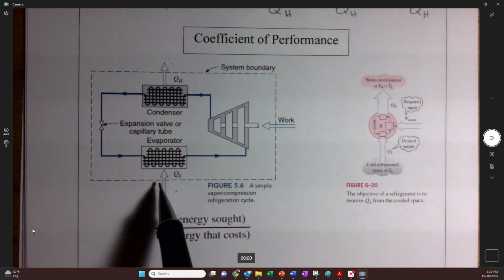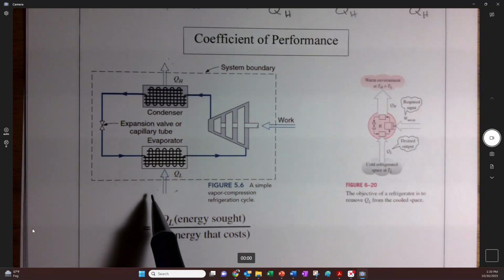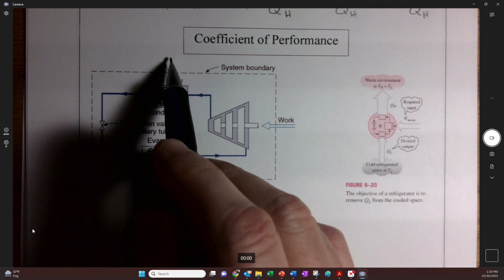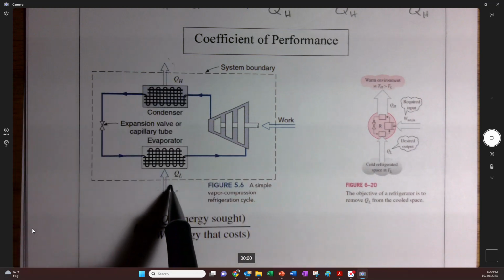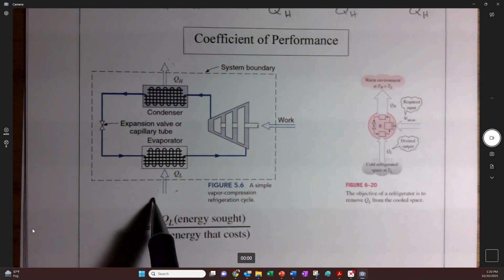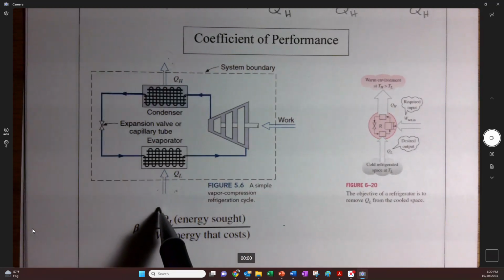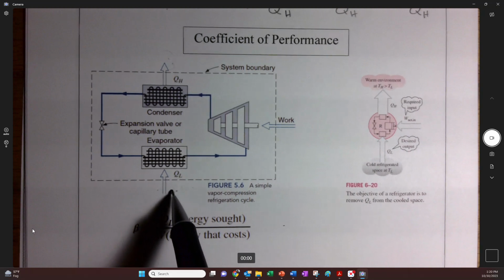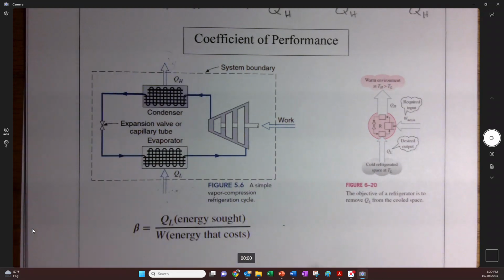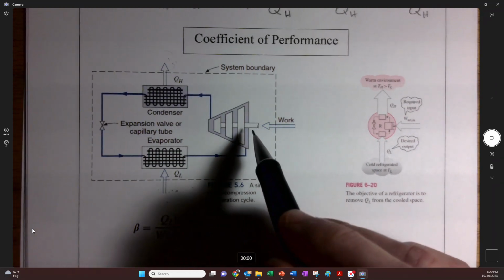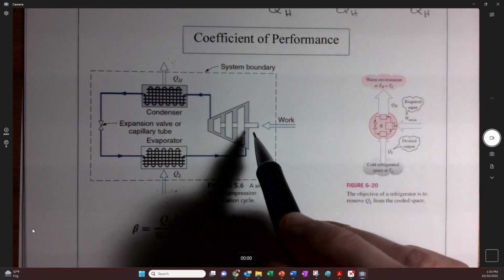So these are 2 different regions. This might be inside the refrigerator or the freezer, and this is the back of the refrigerator, or this might be your air conditioner. This might be the room, and this is the outside space right here. So we're able to move from a low temperature to a high temperature, and in doing so, we have to introduce work right here.